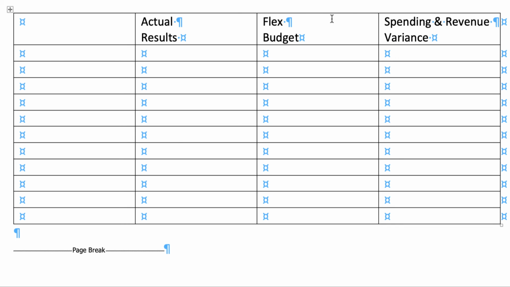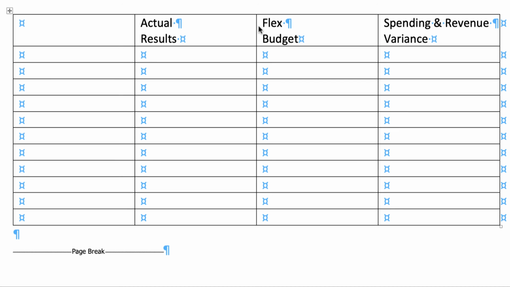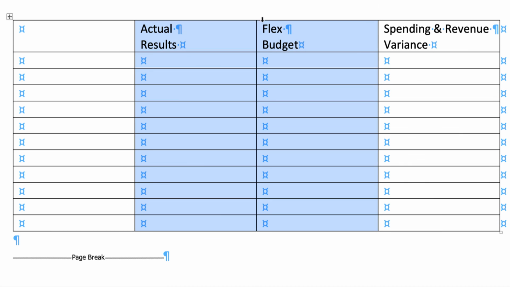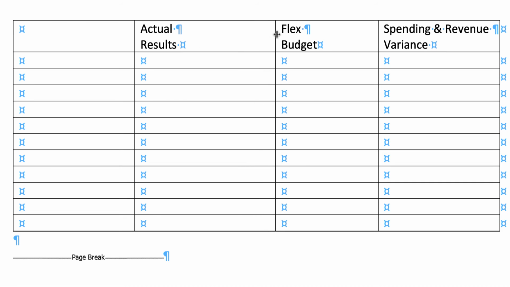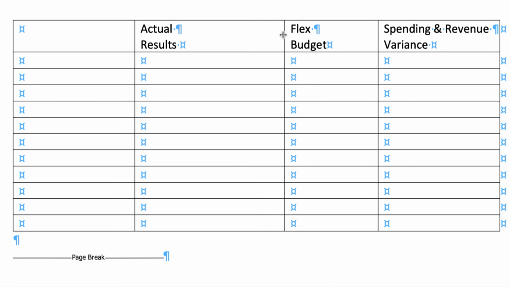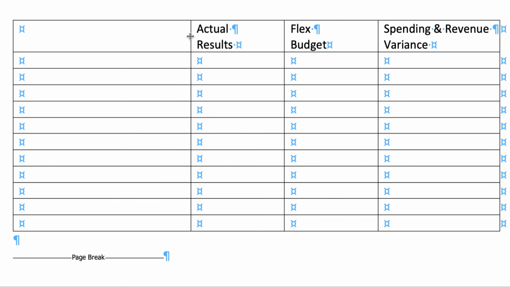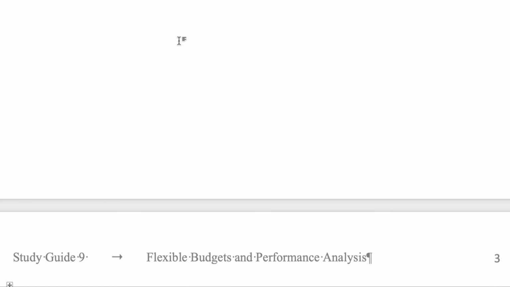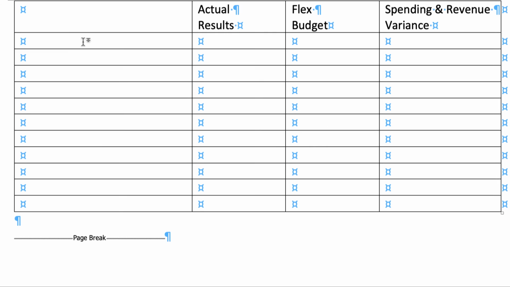Okay, so right off the bat, when they say, hey, you got to do revenue and spending variance, how do you do it? Well, you know that you need to have your flex budget and the actual results. Okay? So what's the first thing I need?